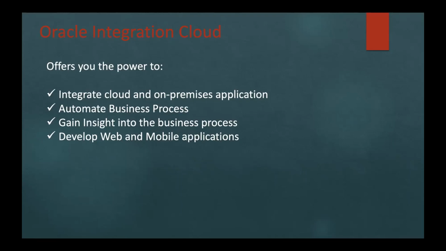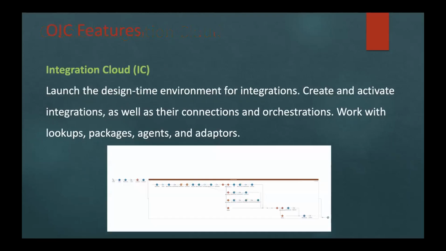Automate business processes. It is just like the workflow, the business processes you do in your BPM. Gain insights into the business process, and develop web and mobile applications. So moving ahead, as I mentioned, there are various features of OIC.